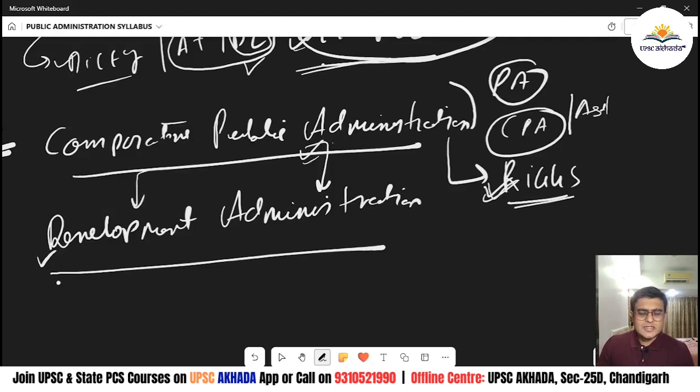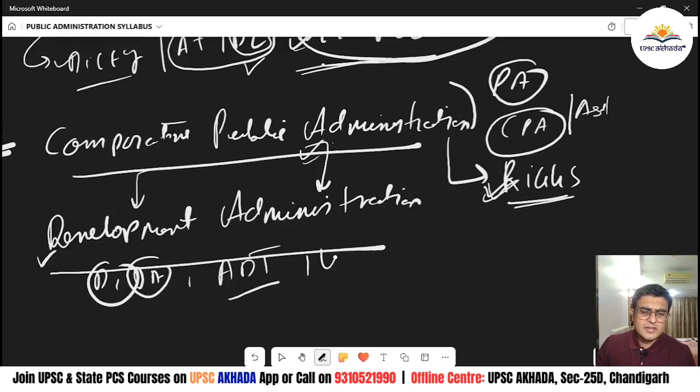The other chapter is development administration. This chapter deals with the concept, what is development administration, and also includes Riggs' view on development administration. The syllabus further mentions the anti-development thesis, women self-help groups, women development, etc. Whenever writing answers of paper 1, it is important to connect with the Indian administration as well.